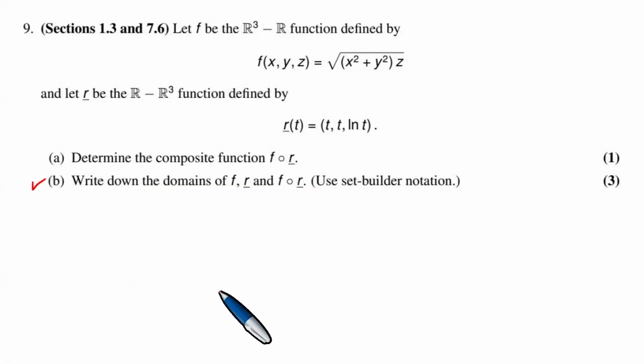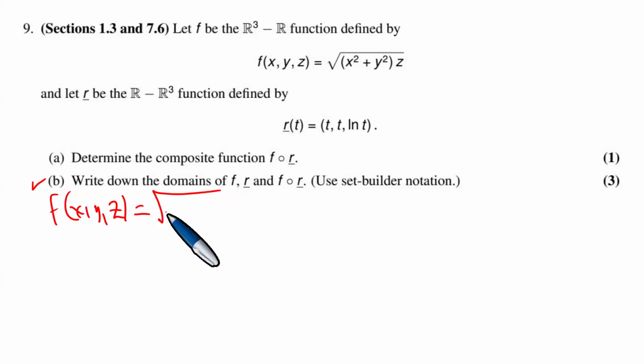Right, next question is part B, and in part B, we are saying write down the domains of, okay, multiple domains, several domains. Let us see now. First, we have the function f of x, y, z, which is the square root of x squared y squared z. I want us to just have the functions put next to each other.